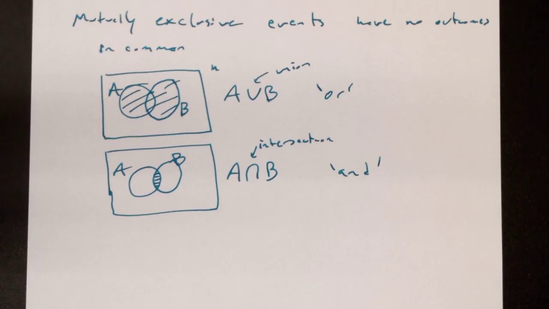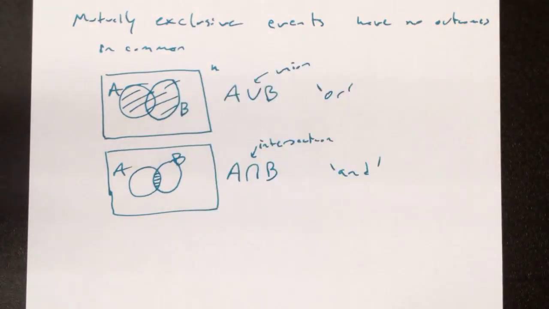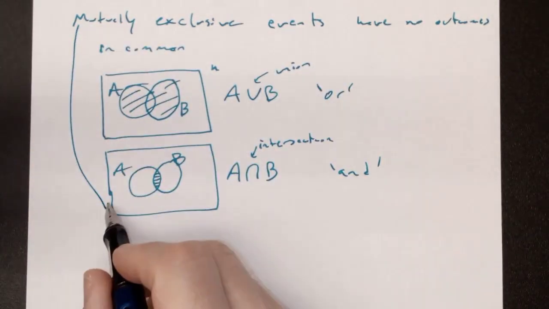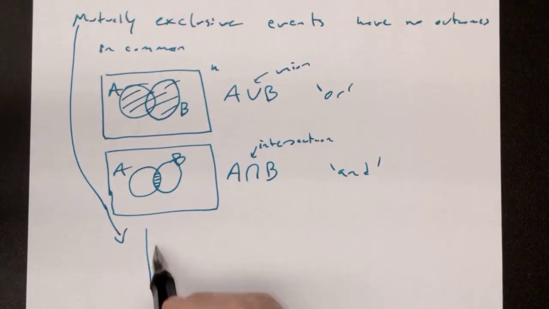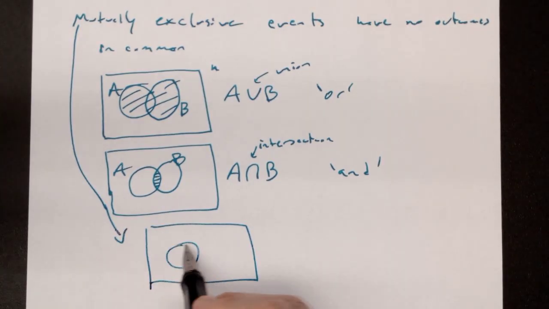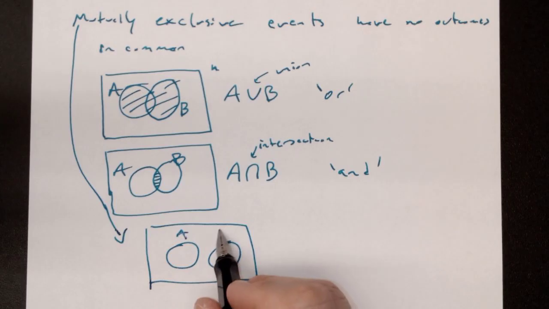Yes, Chris. So I want them to have nothing in common at all, right? So not only do I want the two circles, I want them to have no overlap. I'll just draw them apart. So mutually exclusive is going to give me a picture that looks like this.